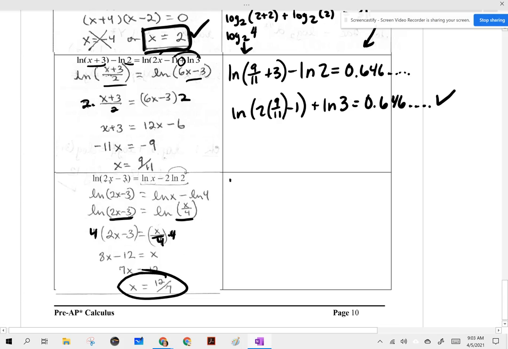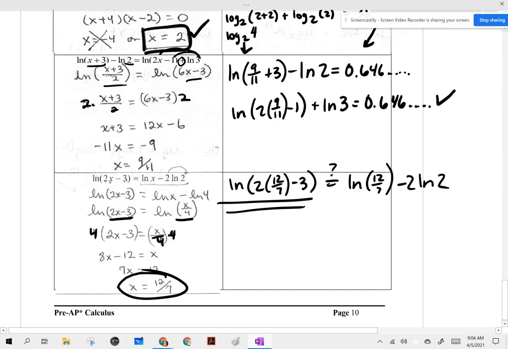So if we're to quickly check, ln 2 times 12/7 minus 3, does that equal ln of 12/7 minus 2 ln 2? So I put this in my calculator and I got negative 0.847. And that is going to be equal to, I put this in my calculator and got the same result. Okay.